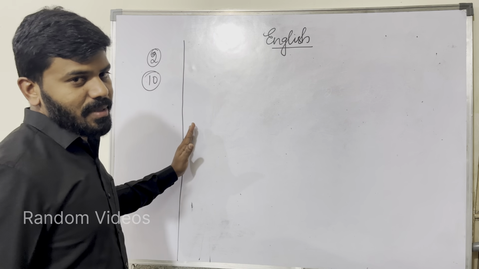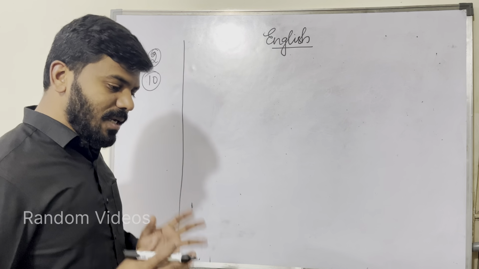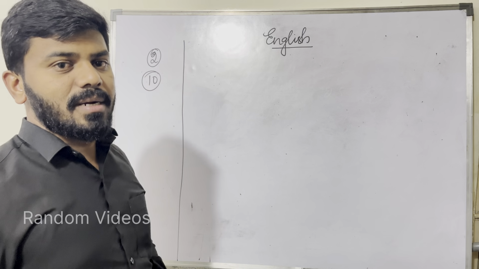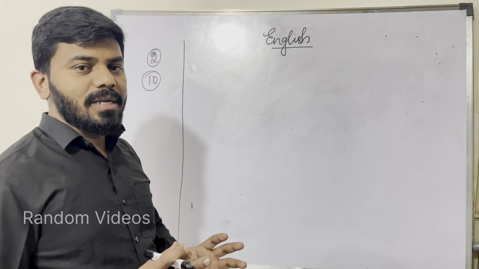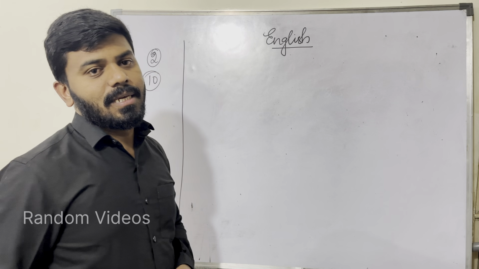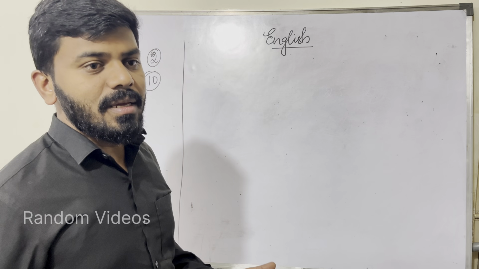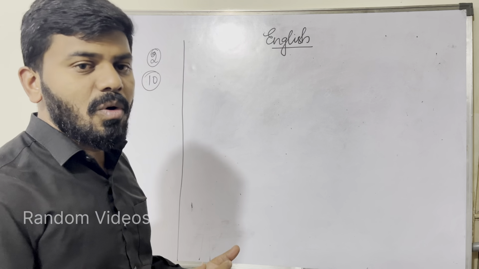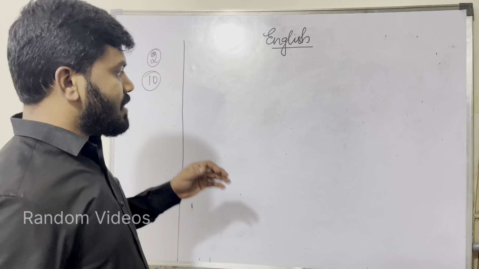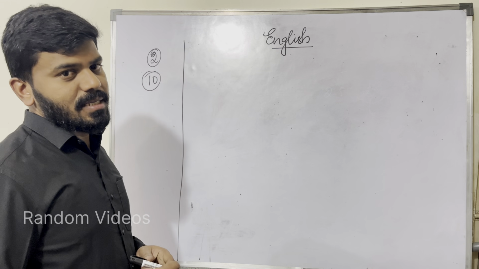Why is to not mentioned? So I'm making it very clear. This pattern is according to ICSE syllabus. That may vary from state board and CBSE. This is the format accepted in the ICSE council.